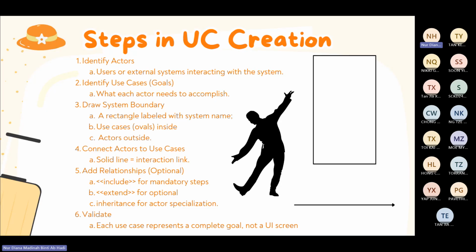Bluffing, gaming, what else? Sleeping. Join the class and then you play the game, for example. And then you need to draw a system boundary using a rectangle where you need to label the system name. And inside your rectangle, you will have an oval.